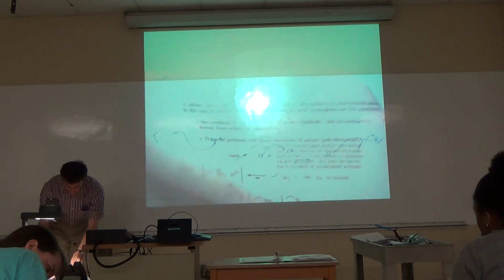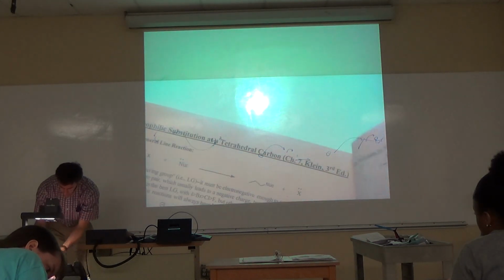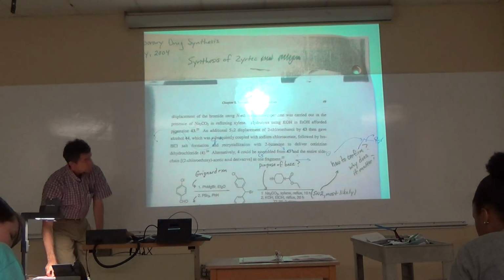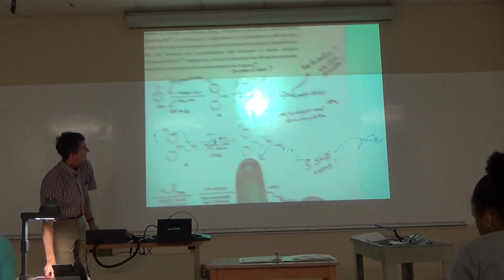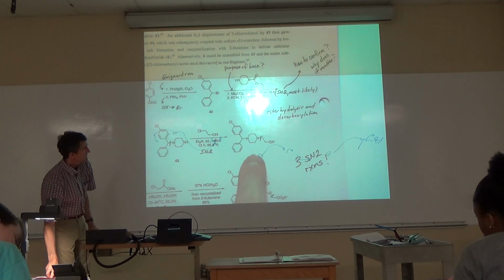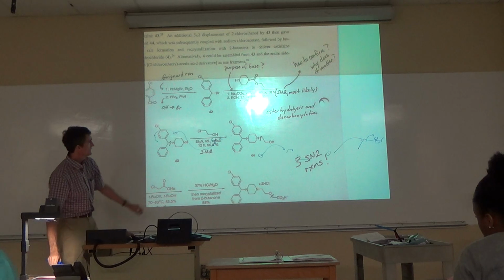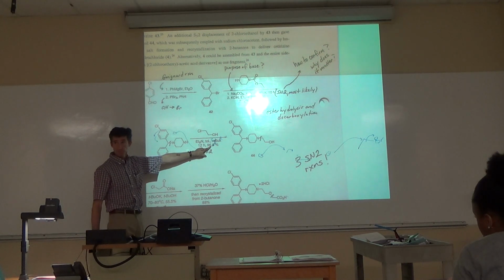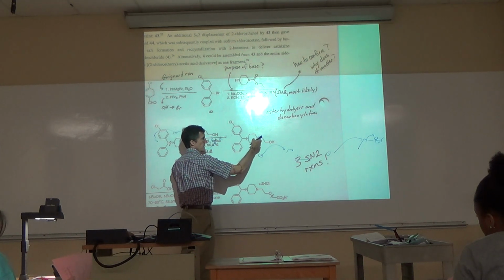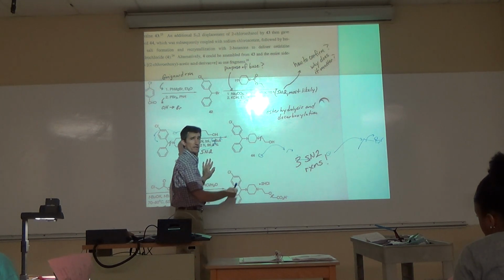On the very last page, they apparently were able to do the reaction and only get one alkyl group added to the nitrogen. They don't give a yield here. Actually, they do. They get a pretty darn good yield. Perhaps because this could alkylate again, but see, it's tertiary here.